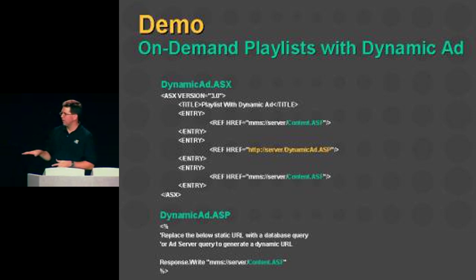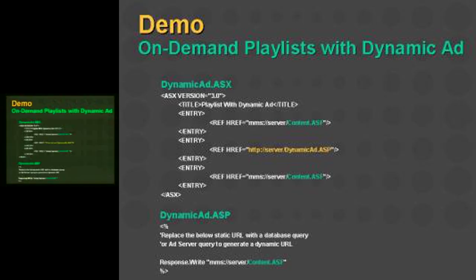Response.write is what you use in an ASP to return content to the browser, or text or commands. In this case, it's simply returning the exact URL that I could have typed in statically. And what you'd really want to do here, of course, is go into a database, make a database call, and pull back an ad based on a campaign that you're trying to drive, etc. So we can switch over to the demo machine.